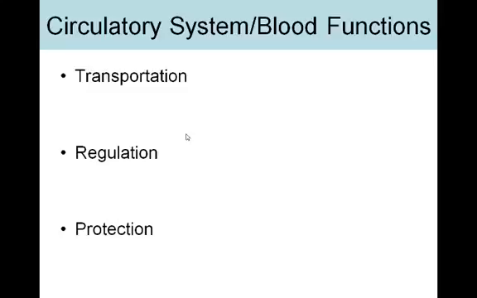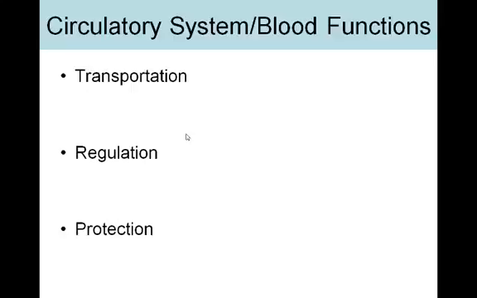And then in terms of protection, blood does help for protection. One of the main things at play here are a type of cell in the blood called white blood cells, or leukocytes. White blood cells are very important for helping to prevent or fight off infections, so they can kill things like viruses and bacteria.